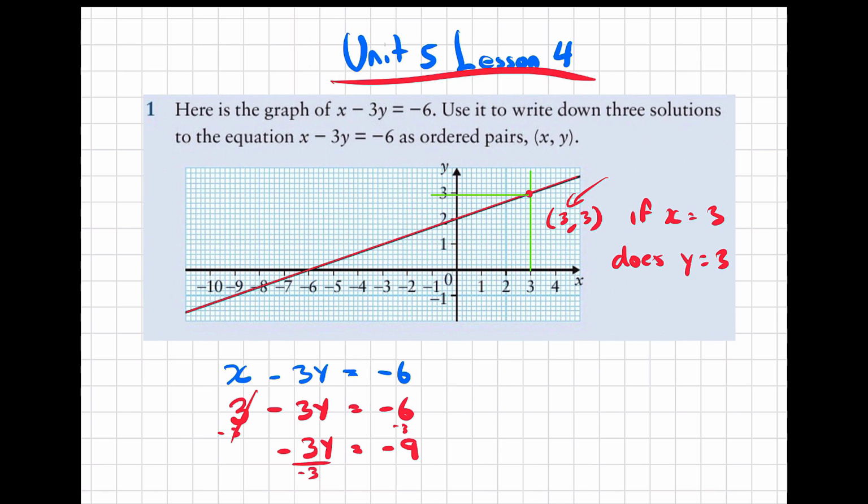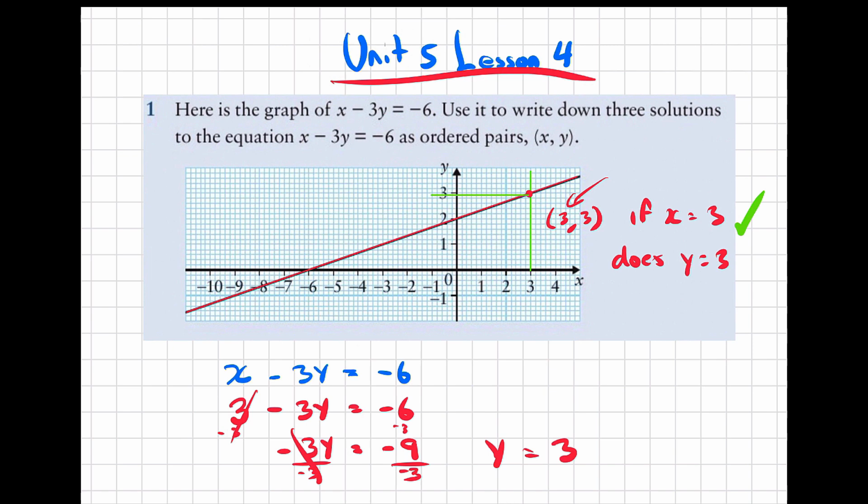Divide both sides by -3. That's going to cancel, and I end up with y equals -9 divided by -3, which is a +3. So yes, this has confirmed that (3, 3) is a point that is on that diagonal line.